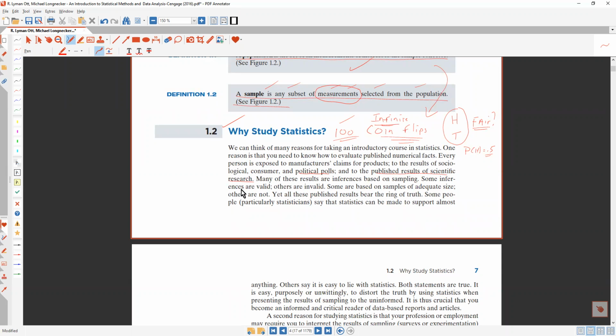So if you wish to go into a scientific field, if you wish to go into a clinical field, any kind of field is going to be using statistics. That's why it's so important to know, so important to understand. Two things that are incompatible are wanting to be a scientist and not wanting to study statistics. That's not going to work. You've got to be able to study stats and you have to be able to understand them as well.